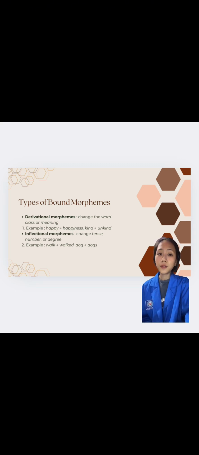Inflectional morphemes, meanwhile, change the tense or number, like walk becomes walked, or dog becomes dogs.